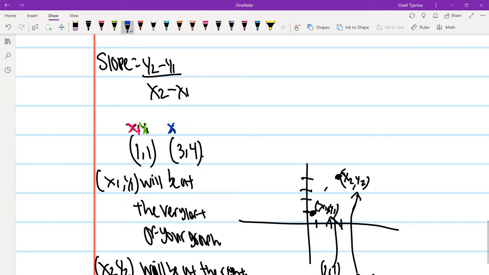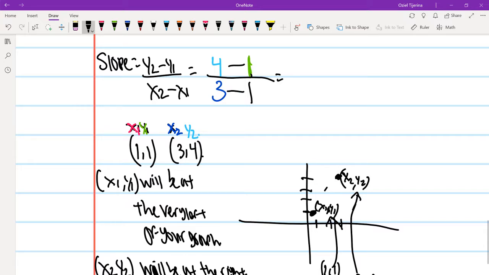Then you would say that the slope would be 4 minus 1 divided by 3 minus 1.